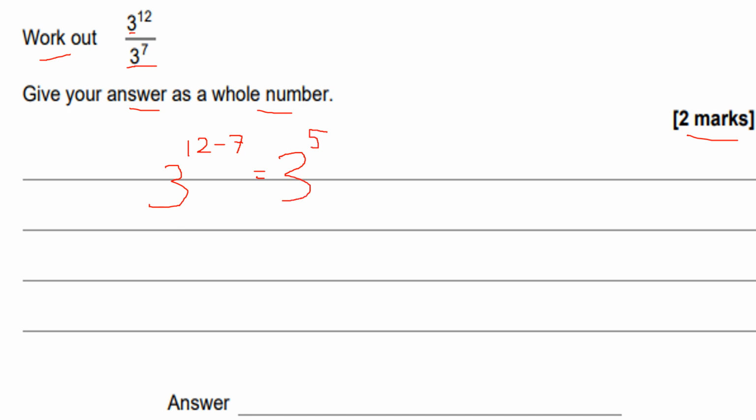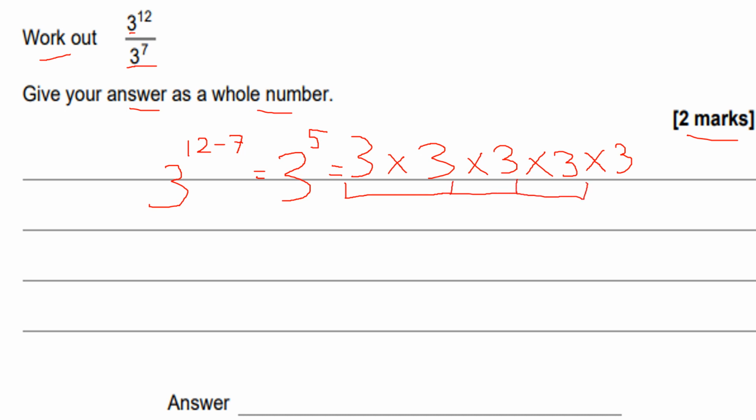Now it says give your answer as a whole number, so I've got to actually work it out. 3 to the power of 5 just means 3 times 3 times 3 times 3 times 3. Hopefully you're happy with 3 times 3 is 9, times 3 will be 27, times 3 is 81, and then 81 times 3, if you're not sure what that is, a little workings to the side: 1 times 3 is 3, and 3 times 8 is 24.